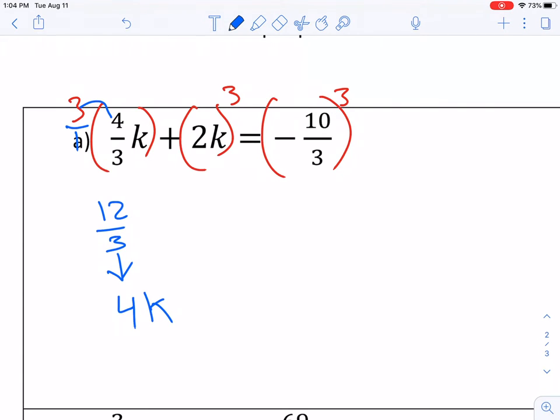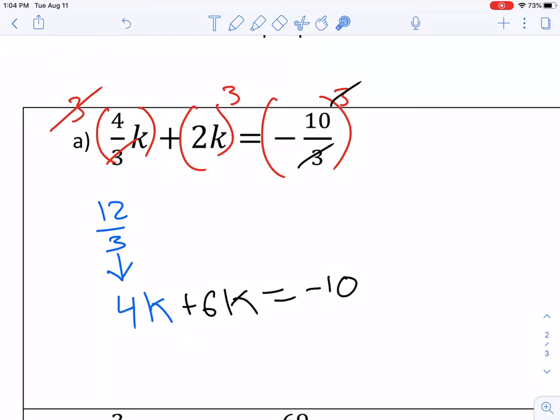So I multiplied 3 times 4, got 12, and then divided by 3. You could do it that way. You can also just cross-cancel, which I think is probably easier, like reducing. 3 and 3 reduce, and I'm left with 4k. My second term, 3 times 2k is 6k. And on my last term, I'm going to cancel. The 3's cancel out, so I'm left with negative 10.